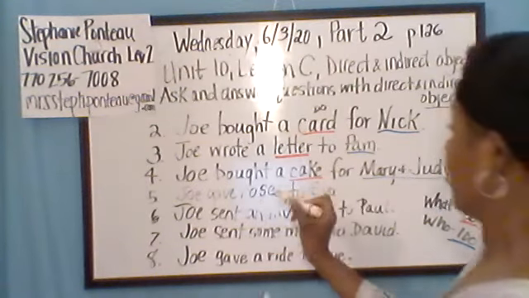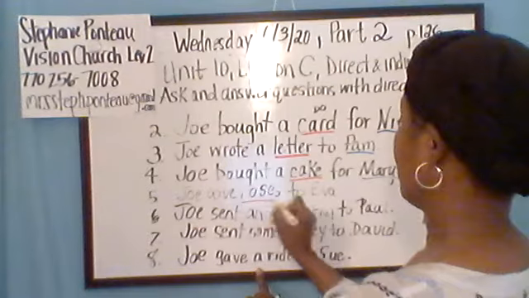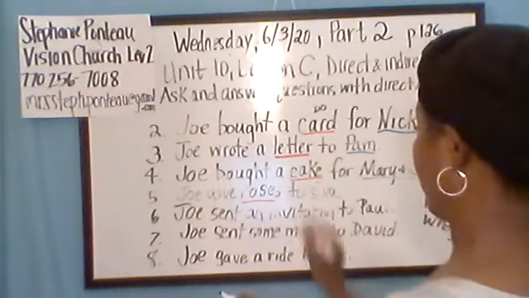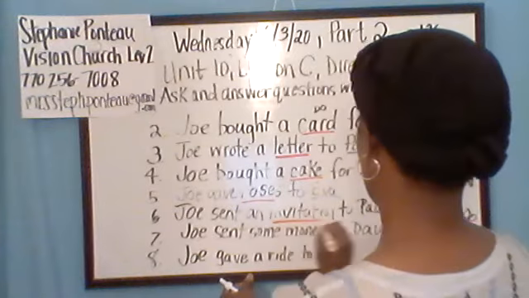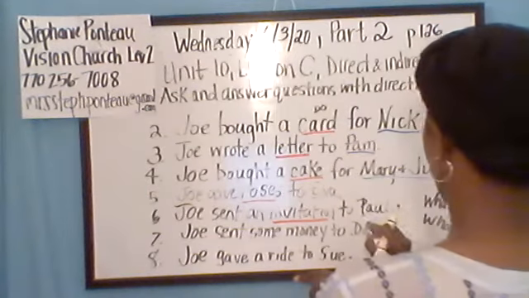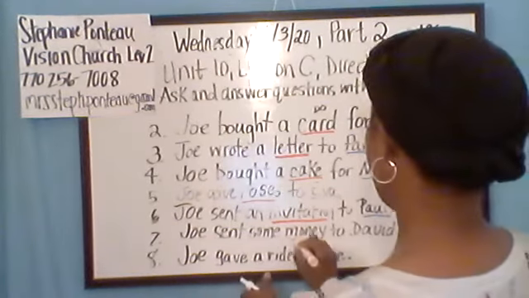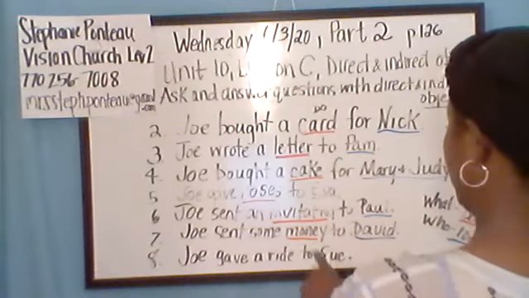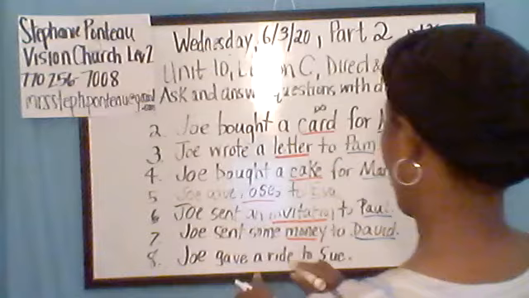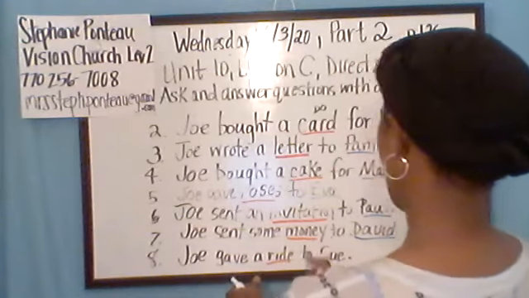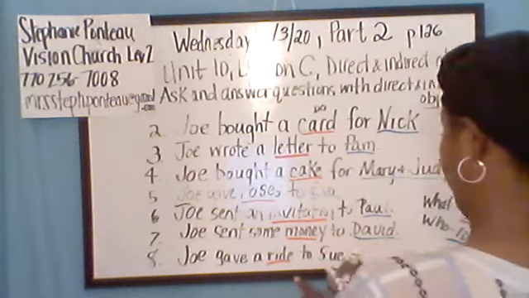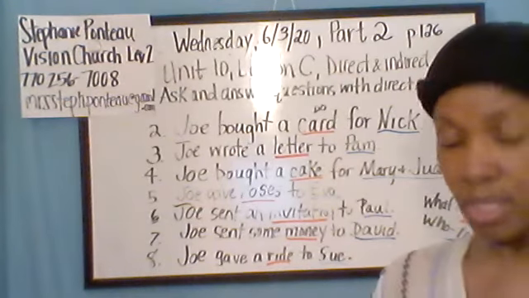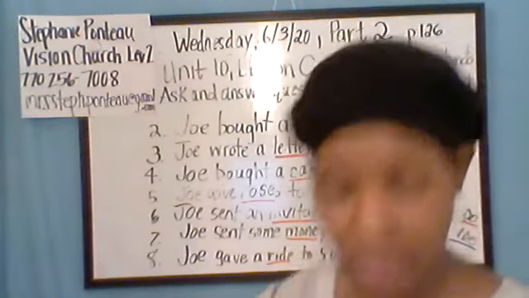All right, so roses, direct object, Eva, indirect object, who received the roses. Invitation, and Paul. Money, and David. This is the what and the who. The what is the ride. Who received the ride? Sue. Okay, so that's our practice answering questions and using direct and indirect objects.